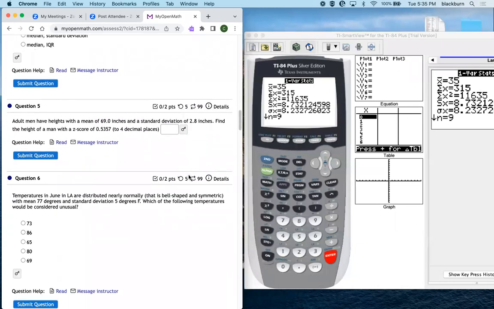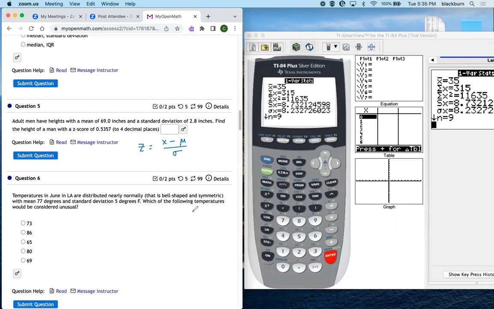All right, adult men have heights with a mean of 69 inches and a standard deviation of 2.8 inches. Find the height of a man with a z-score of 0.5357. We're going to talk a lot about the normal distribution in this class, but you have a formula here that says the z-score for any type of situation is going to be whatever their height is, minus the mean height, over the standard deviation.